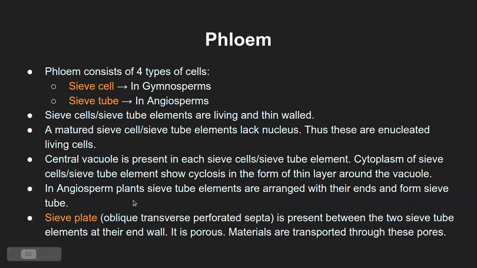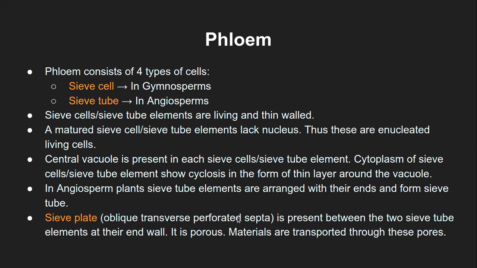That is the case with angiosperms, but even in gymnosperms, the cells are arranged in a similar way. It wouldn't be very different, because ultimately they have to form a cavity or lumen of the tube to conduct the water portion. Sieve plates are oblique transverse perforated septa.